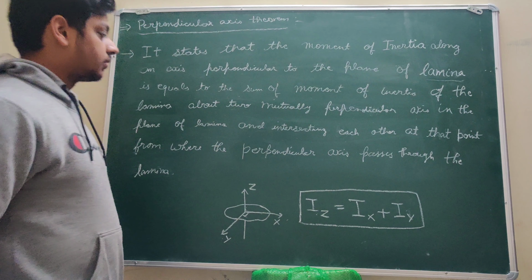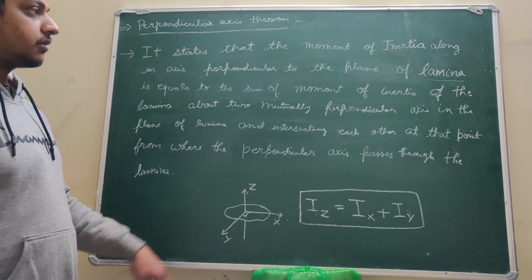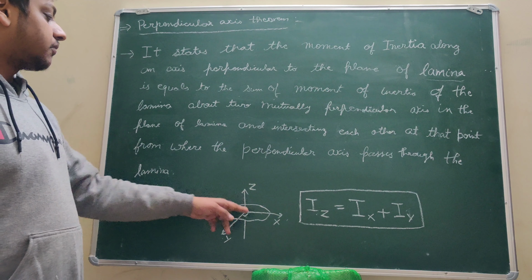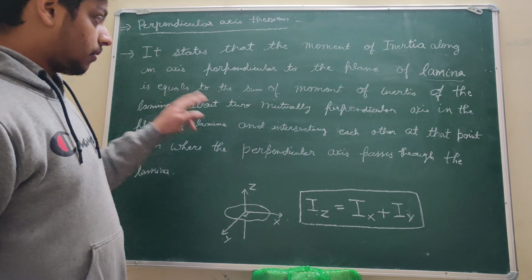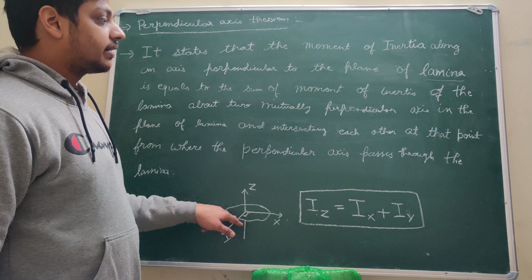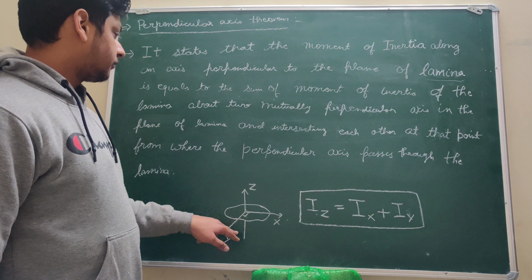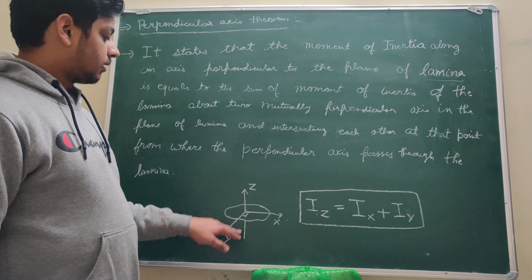This is our theorem. A very simple theorem. Moment of inertia along an axis perpendicular to the plane of lamina is equal to the moment of inertia of lamina about two mutually perpendicular axes in the plane of lamina and intersecting each other at that point from where the perpendicular axis passes through the lamina.